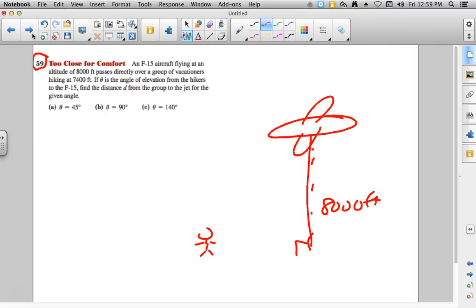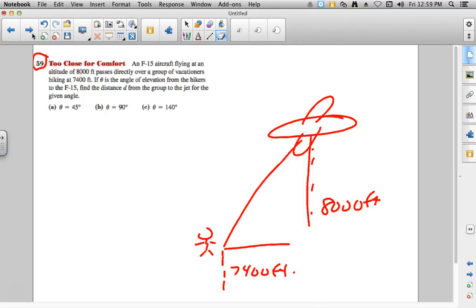So that's their altitude, 7,400 feet. All right, let me get my right angle here in the right position. And it says, find the distance d, if we just call this angle theta right here. Find the distance d from the group to the jet at the given angle.